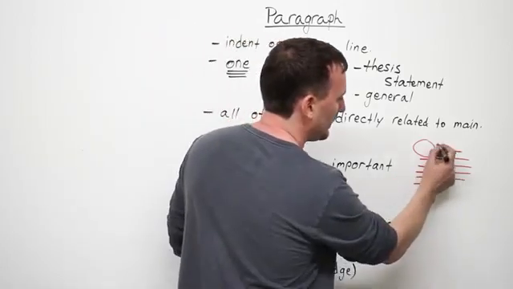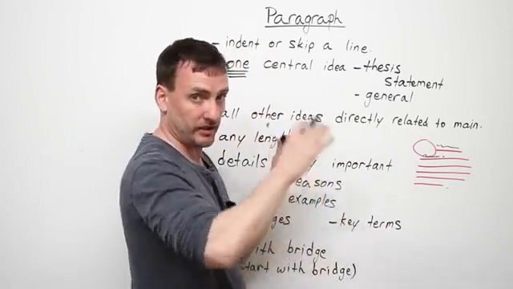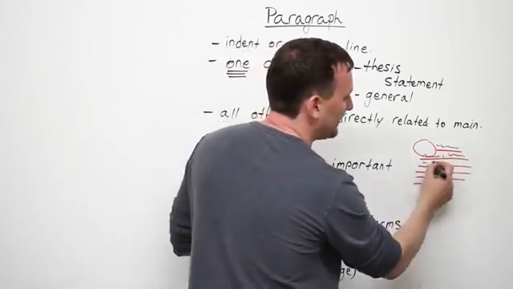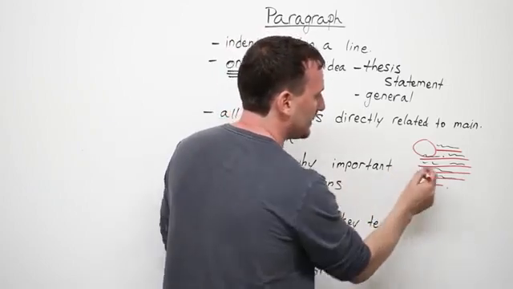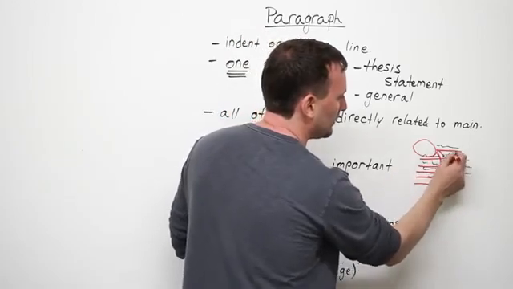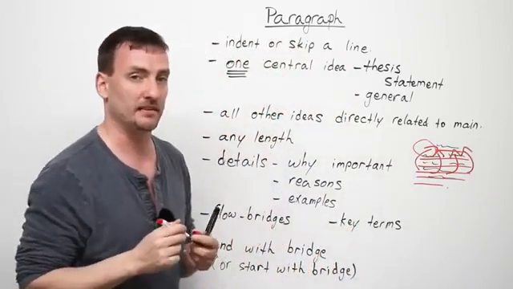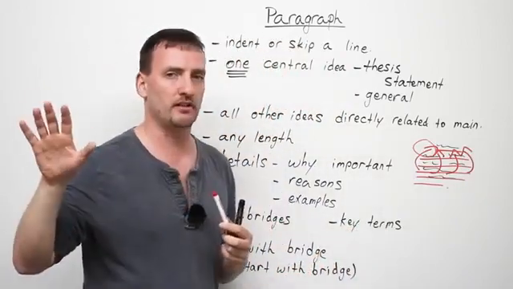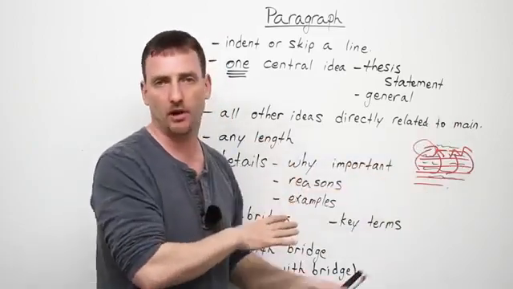So let's say here is your thesis statement, very general. Every sentence after must relate back to that thesis statement, okay? You can't go off to another idea. Everything must support this, must talk about the same topic.